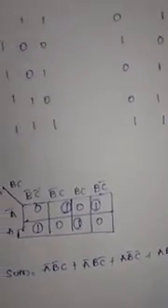Sum is A bar B bar C plus A bar B C bar plus A B bar C bar plus A B C. Now we have to draw the K-map for the carry output. That is also a 3 variable K-map.